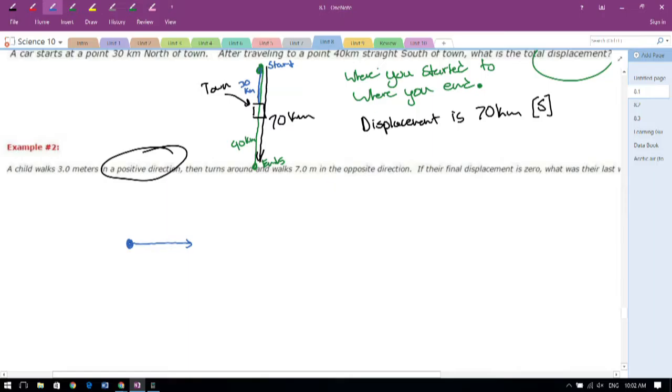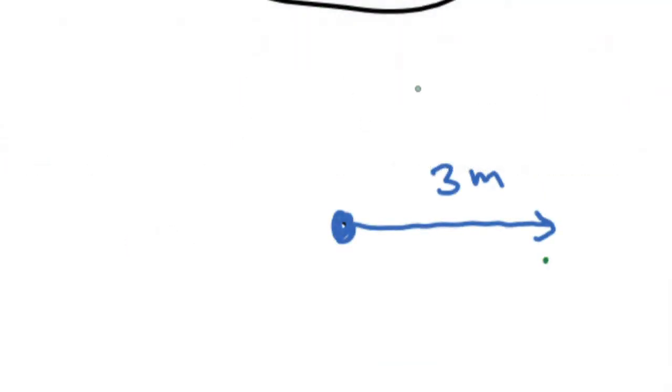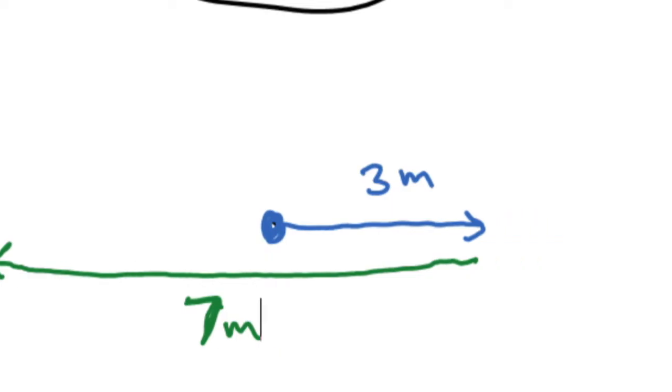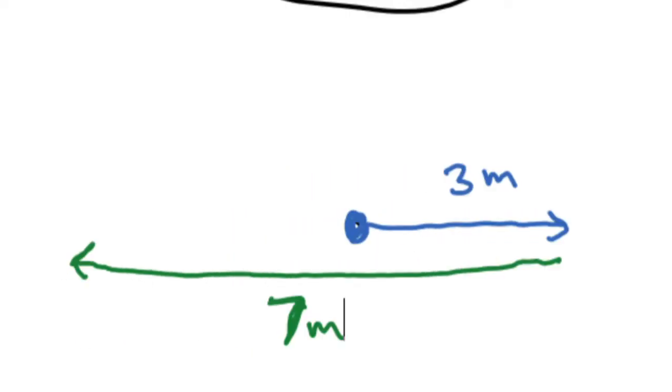The child then turns around and walks 7 meters in the opposite direction. Label that. 3 meters is 3. 1, 2, 3, 4. That's 7 meters. If their final displacement is 0, what was their last walk?